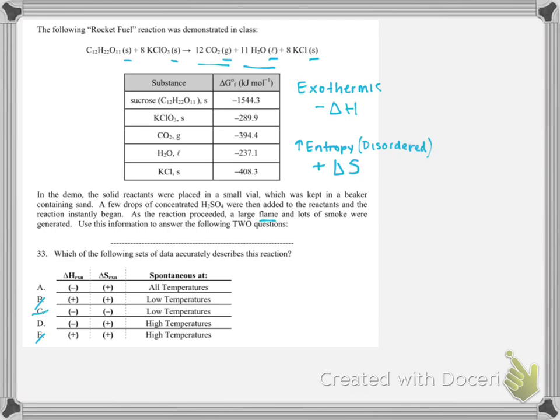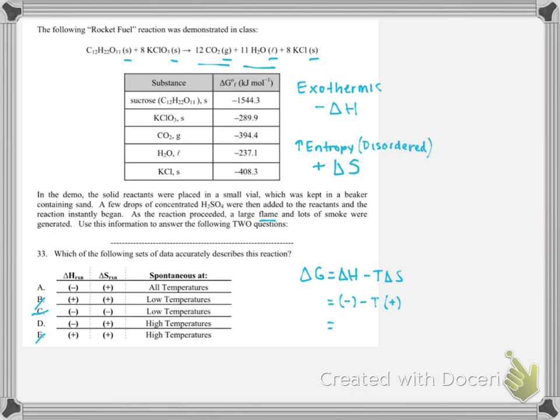And so if we think about the delta G equation, where delta G equals delta H minus T delta S, if we have something here that's negative, and we have minus our whatever temperature times something that's positive, there's no way for this equation to ever be positive.